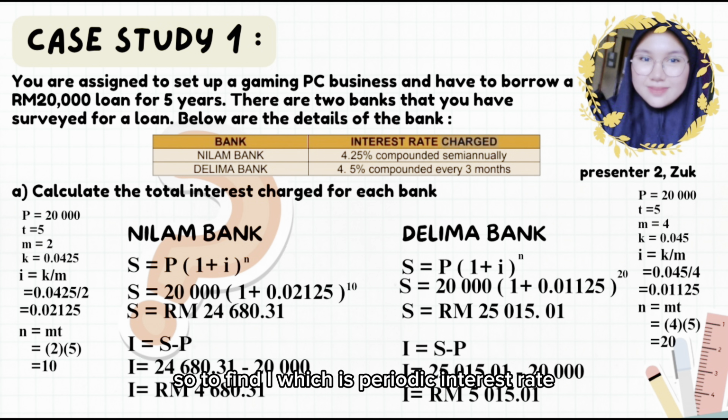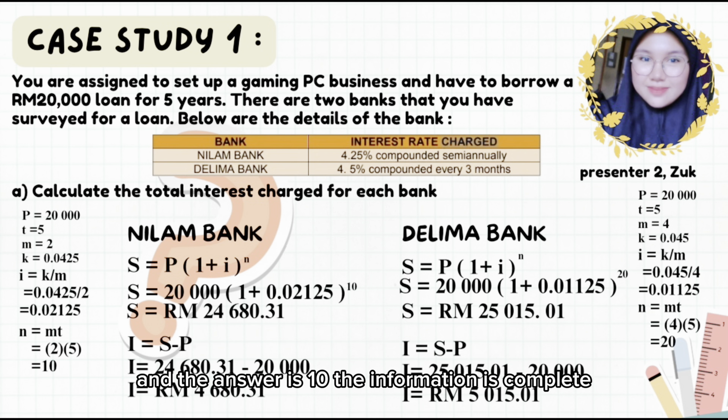To find i, the periodic interest rate, we must divide the interest rate by the frequency. So the answer is 0.02125. Next, we find the number of interest periods in the investment period, which is n, and n equals m times t. The answer is 10.